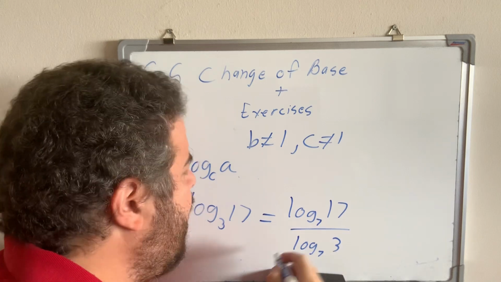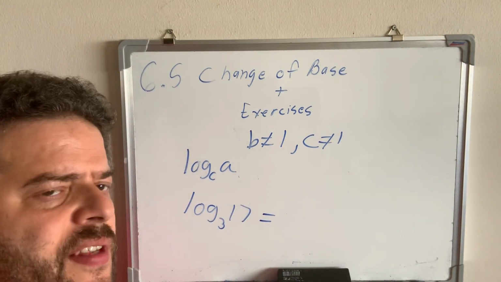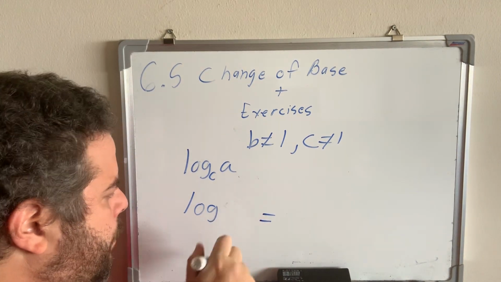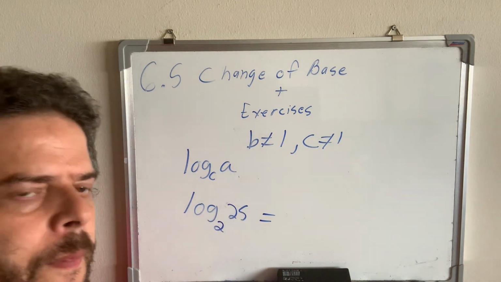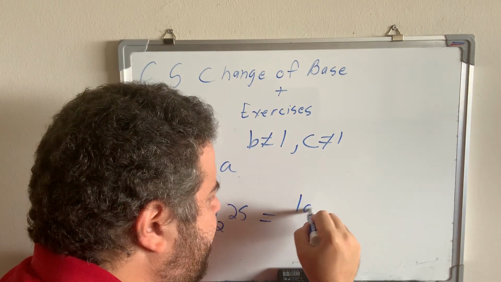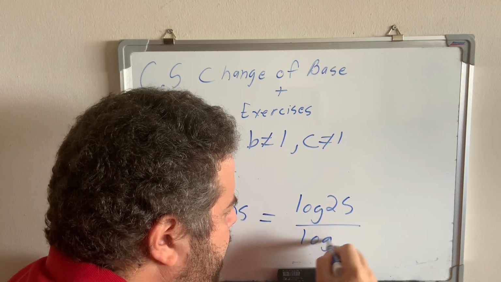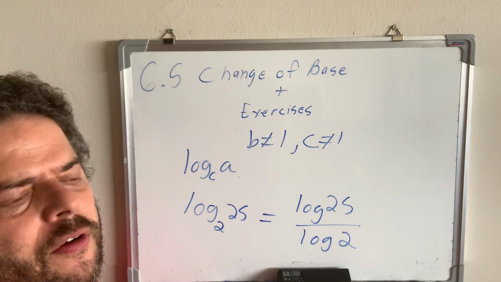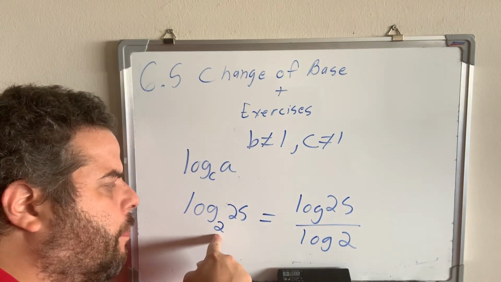You can also use common logs. For example, we all know common logs have a base of 10. So now let's say, for example, I have this. I can just rewrite it as common log of 25 divided by common log of 2. This is also useful for students who have the older calculators where you can't plug in a base.